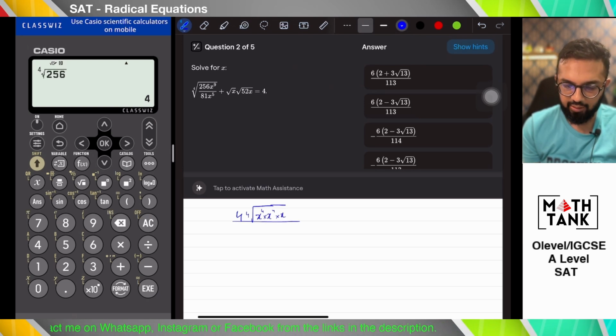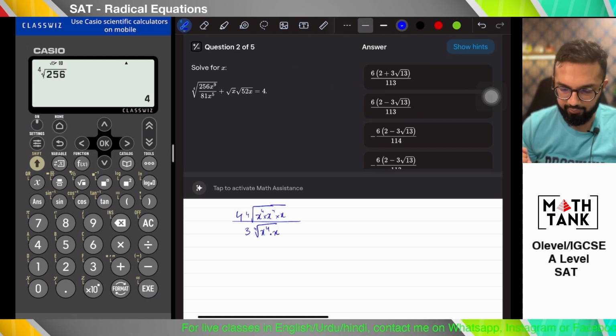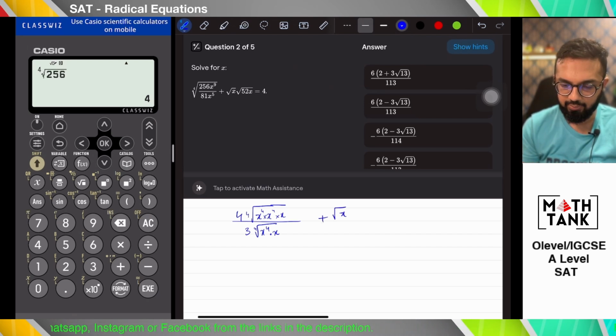And similarly, the fourth root of 81 is 3. And I would have the fourth root of x to the power 4 and x.